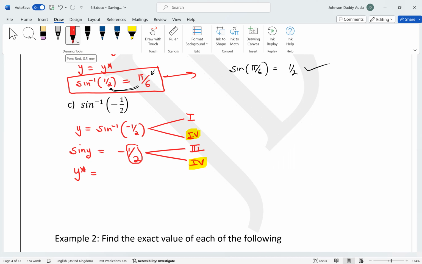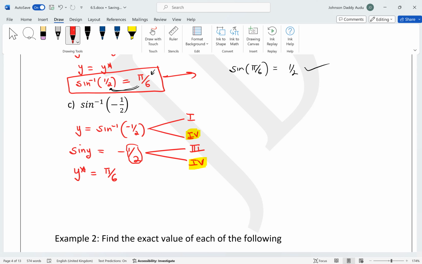It's just to identify the quadrant where sine is negative. So our y star is going to be still pi over 6, because sine pi over 6 is 1 over 2. So in calculating y star, if you have a negative, don't bother about the negative. Just use the positive value.